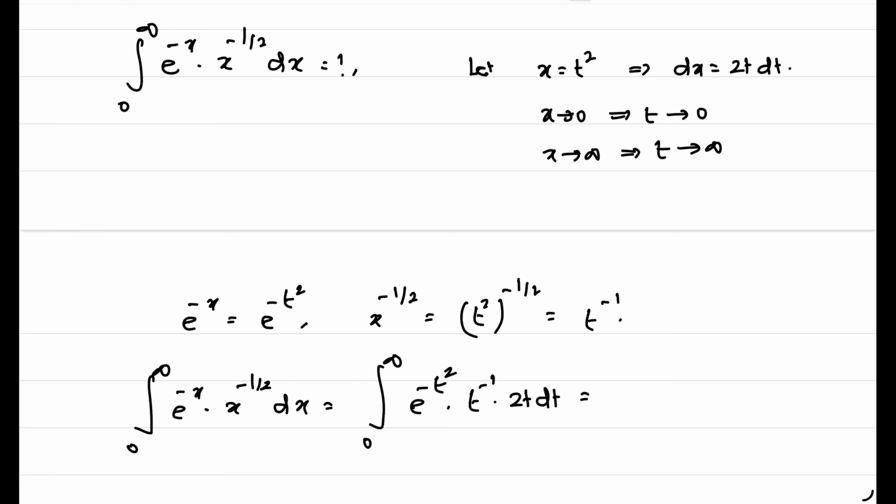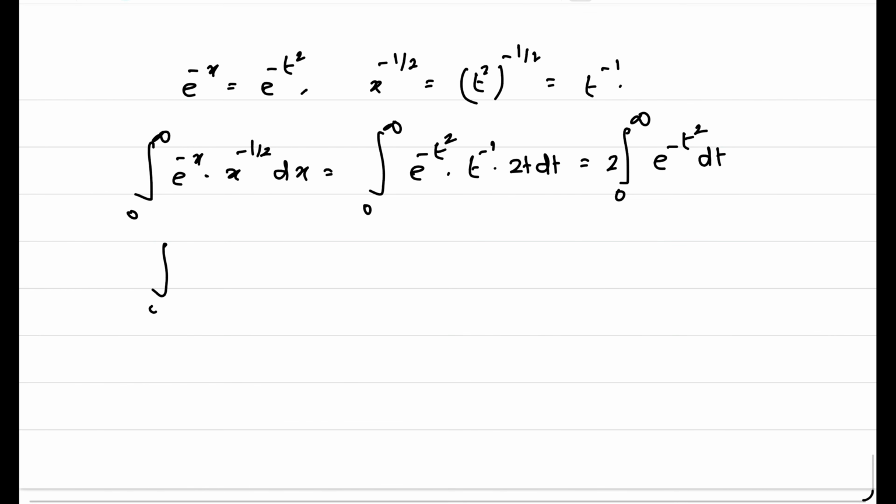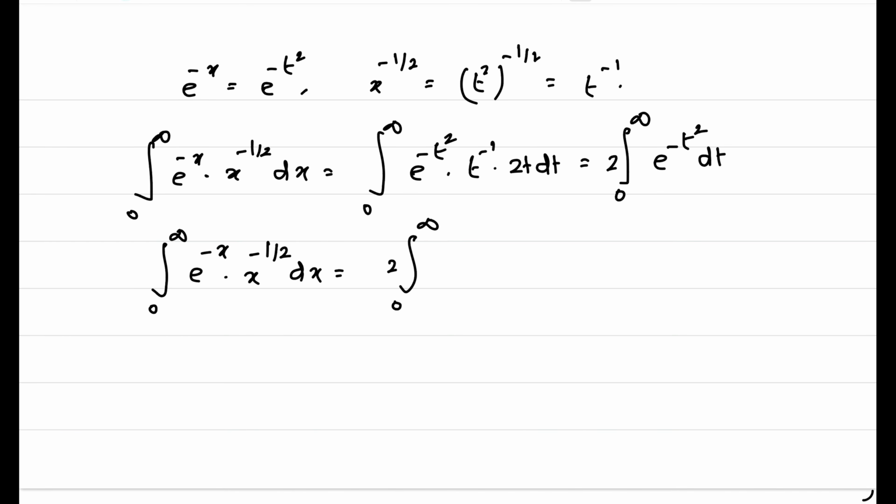This will be equal to 2 into 0 to infinity, t to the power of minus 1 and t get cancelled, e to the power of minus t square dt. That means ultimately this becomes a simpler form.